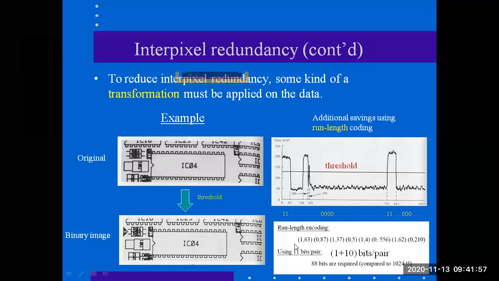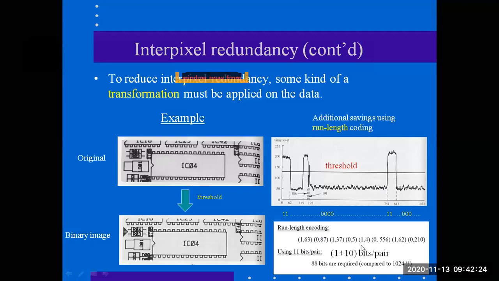Here, using run length coding and using 11 bits per pair, run length coding was also explained in the previous section. Just consider 1 comma 63, 0 comma 87, 1 comma 37, 0 comma 5, 1 comma 4, 0 comma 5 comma 556, and 1 comma 62, 0 comma 210.